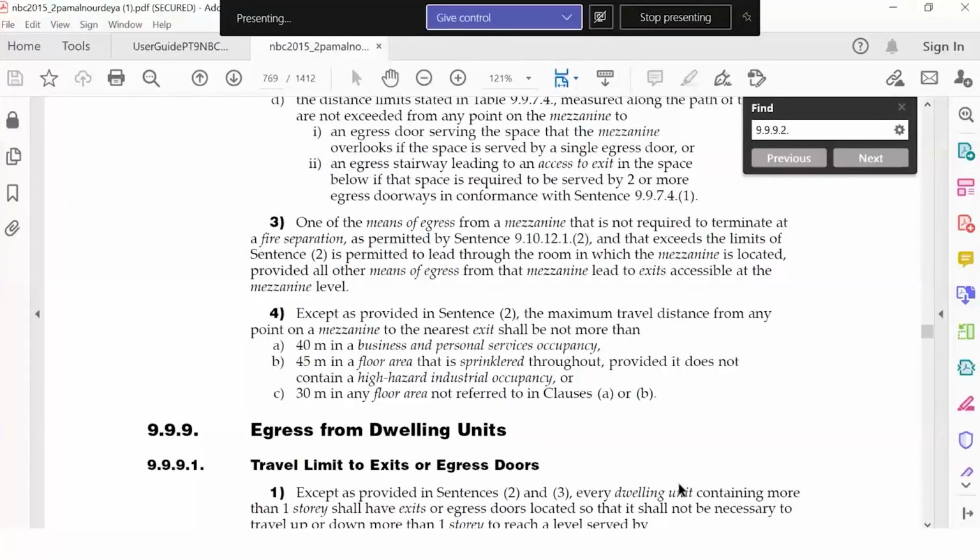And we looked at the doors only for the protected suites, or a building that is provided with sprinkler protection, or if the suite is compartmentalized and served by a corridor leading to 2 exits, and then you can calculate the travel distance from the door of the suite if it's a fire compartment of not less than 45 minute fire resistance. Okay, thank you.